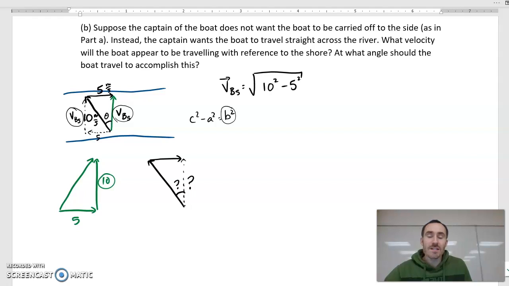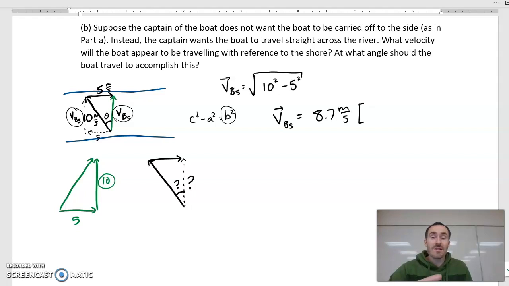And so the velocity that the boat is actually traveling across the water with is going to be the square root of 10 squared minus 5 squared. And if you do that calculation, it's 8.7 meters per second. Okay, so that's the velocity with which we are traveling to the opposite shore.